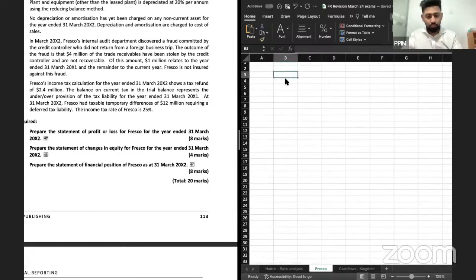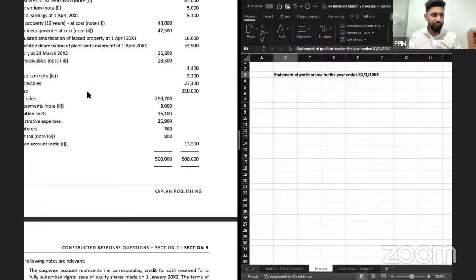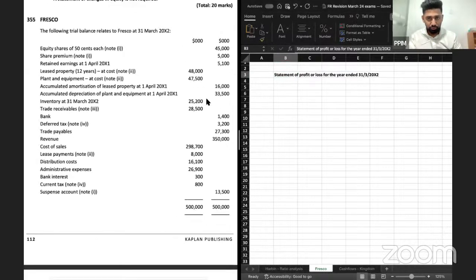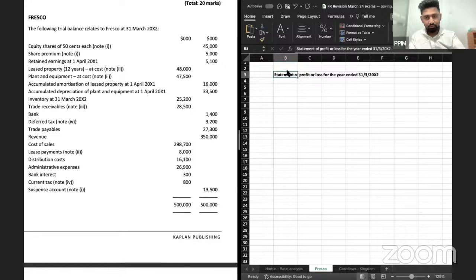Okay. Now, statement of profit or loss for the year ended 31st March 2012. What do I start off with? Of course, I have to start off with revenue.